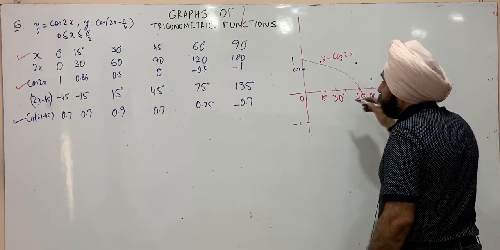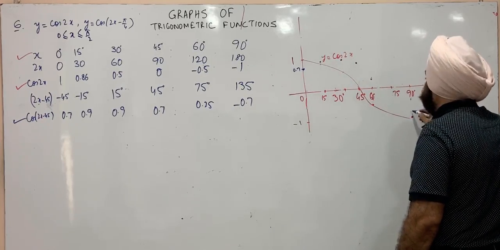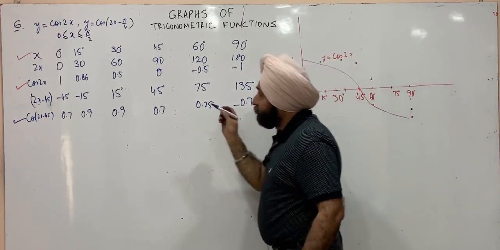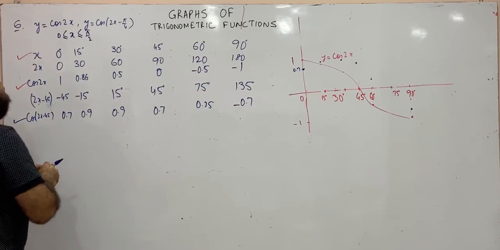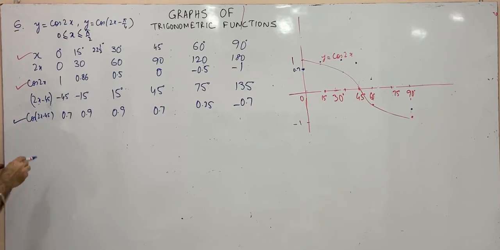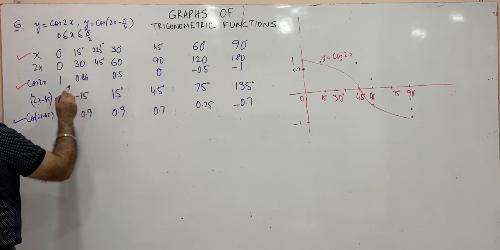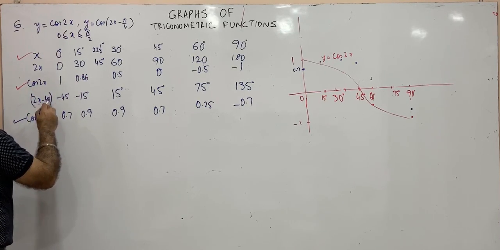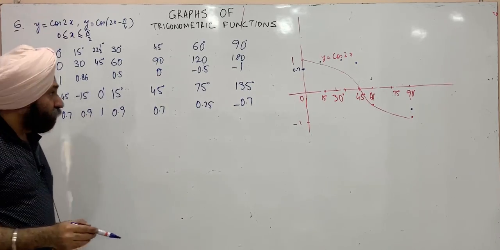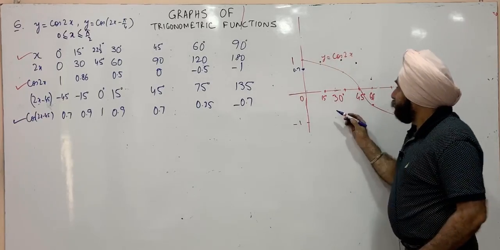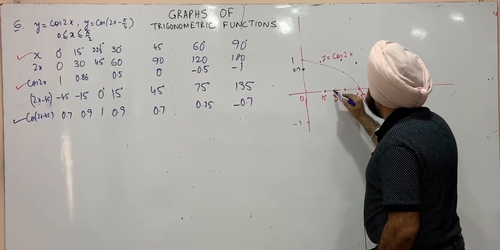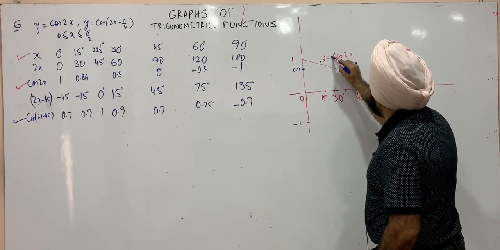And 90 degrees, it's minus 0.7, it's here. Okay, let us insert one more value: 22.5 degrees, the midpoint of these two. 2x will be 45 degrees, 2x minus 45 will be 0, and cos of 0 will be 1. 22.5 is the midpoint of 15 and 30, that's here, and the value is 1.